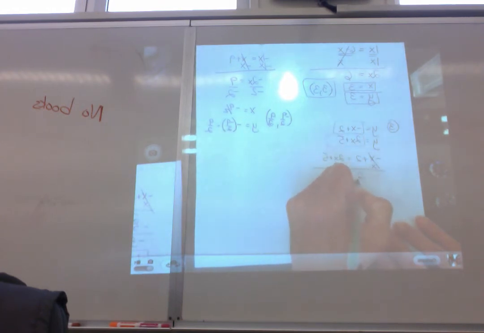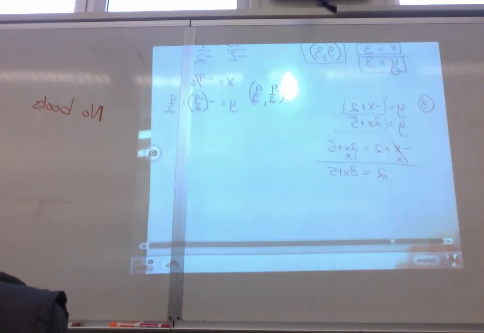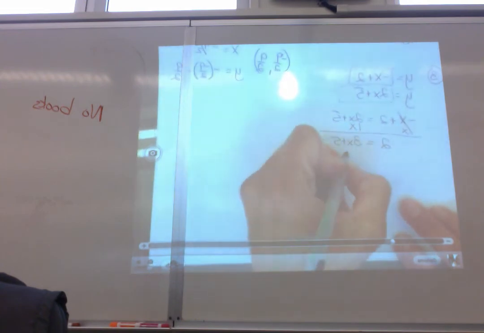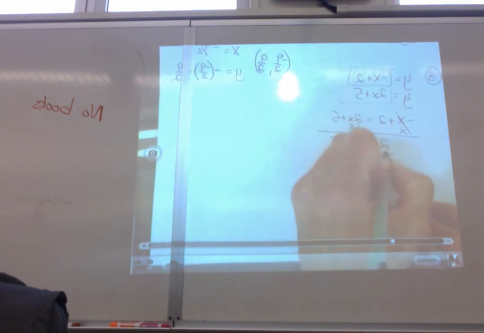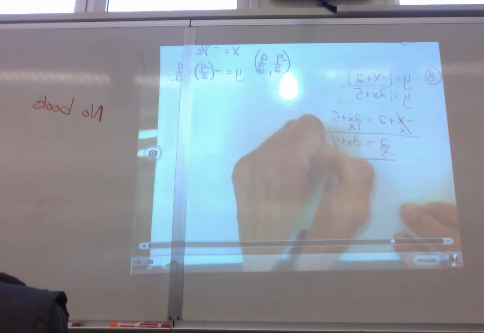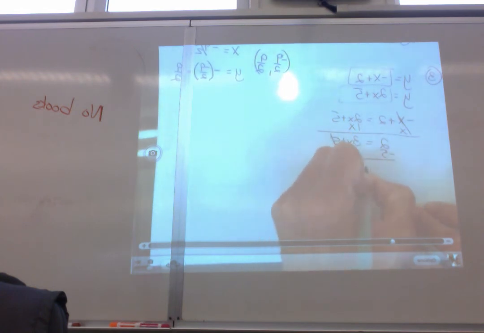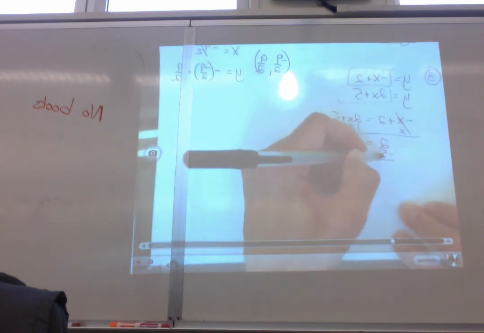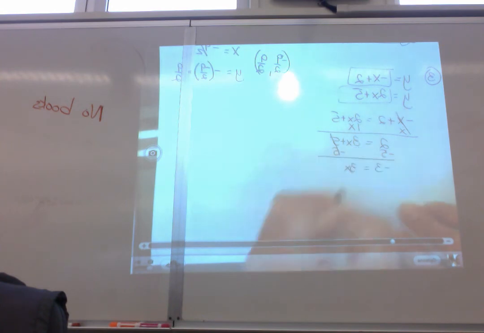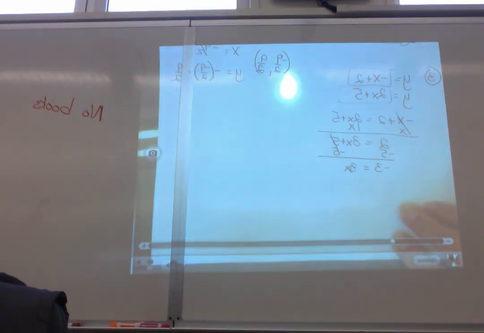This is going to be 2 equals. Remember, this x doesn't have a number, but there's an invisible 1. Then I'm going to minus the 5. 3x equals positive 2 plus negative 5 is negative 3. Divide by 3, x equals negative 1.